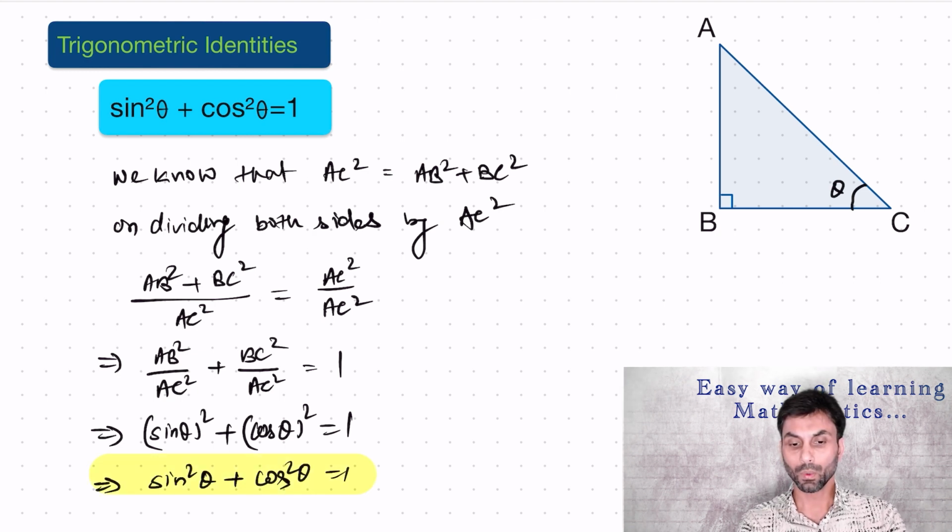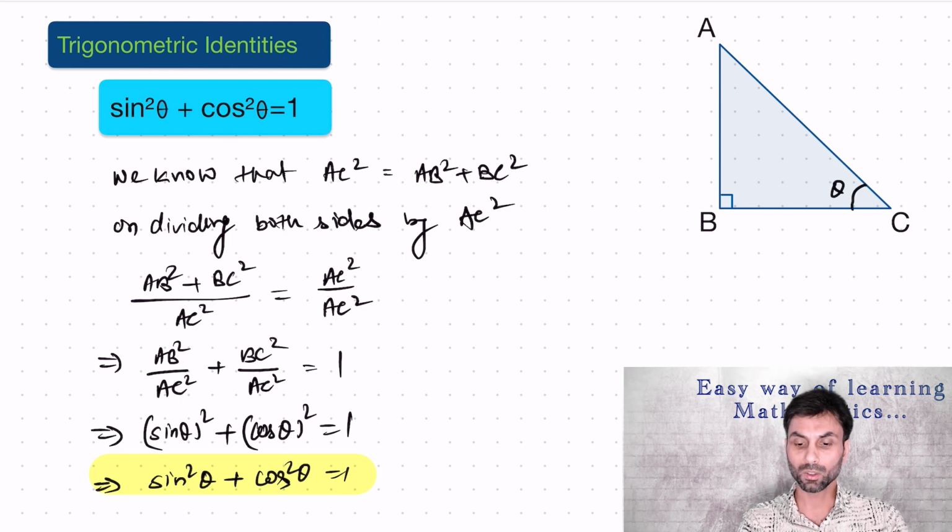Now, when we talk about the application part of it, this is the straightforward relation that sin square theta plus cos square theta is 1. But while solving trigonometric identities questions, we'll also have to convert sine in terms of cos or cos in terms of sine.